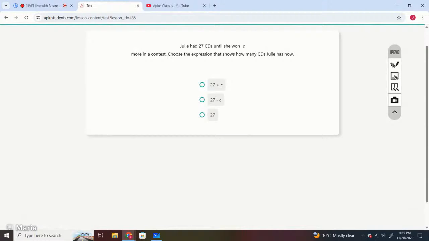That is 27 plus C. Option number 1 is the correct option.